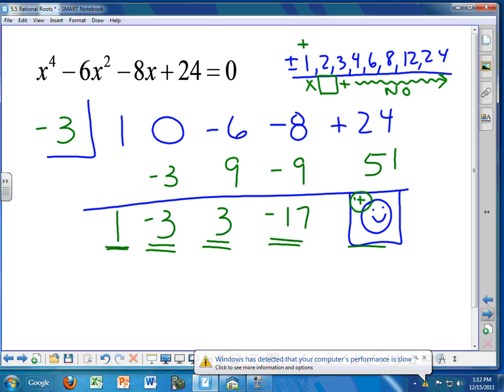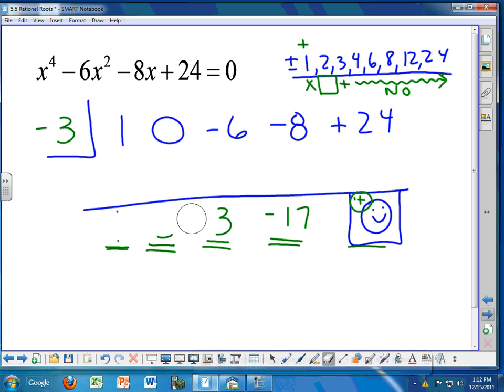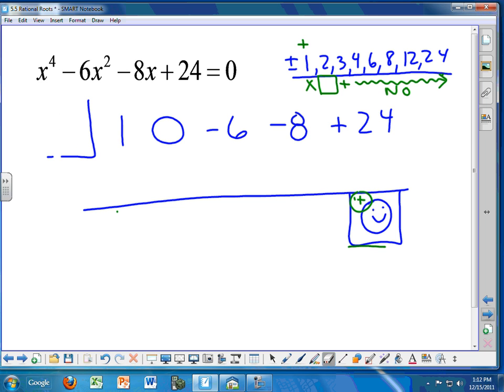Well, of course, we've made a bit of a mess here, so I'll try to take all of this out. And I'm going to start again with a different value in my divisor box. This time we'll try a positive number, and we already know the answer is 2, so I'm going to just show you a little something on the number 3. Here you bring the 3 in there. 1, this is a 3, 3, this is a 9, 3, this is a 9, this is a 1, and this is a 3. I hope I did that right. I kind of went fast.